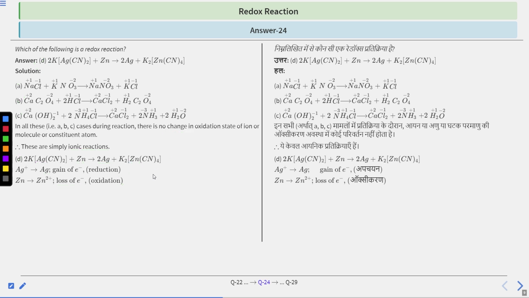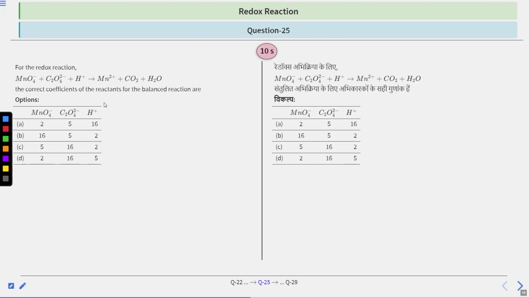Okay, let's move to the next question. Question number 25. For the redox reaction, MnO4 minus plus C2O4 2 minus plus H plus, giving us Mn2 plus CO2 plus H2O. The correct coefficients of reactants for the balanced reaction are. So we have to tell the stoichiometric coefficients for the reactants for the reaction to be balanced.